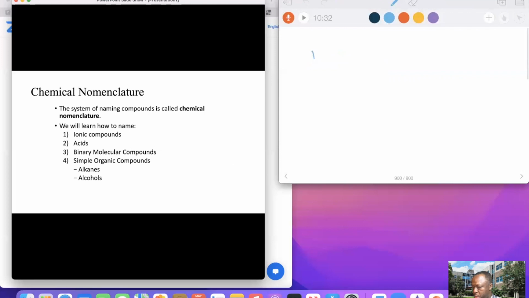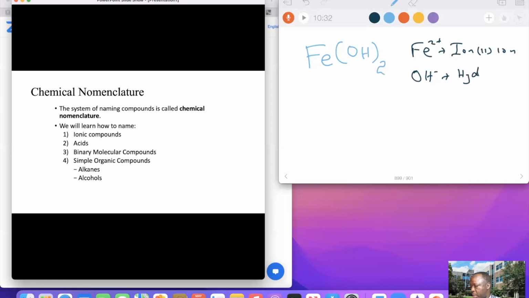If you look at the first one here, there is iron. You have to know that this is iron(II) ion, and then there is OH negative. This is hydroxide ion.